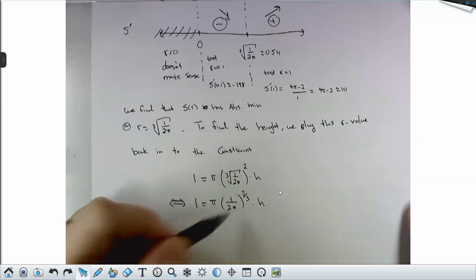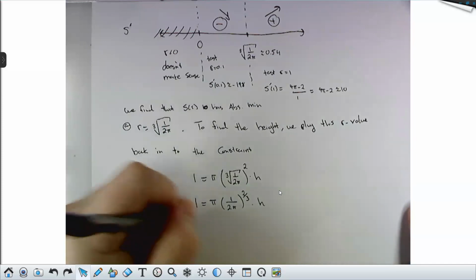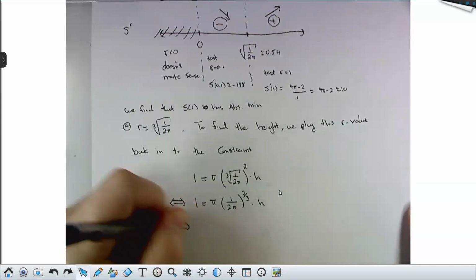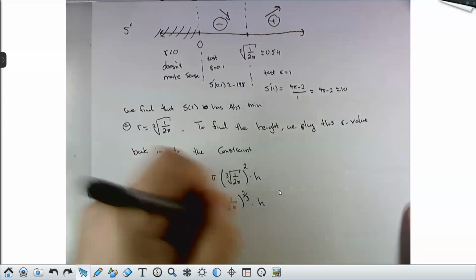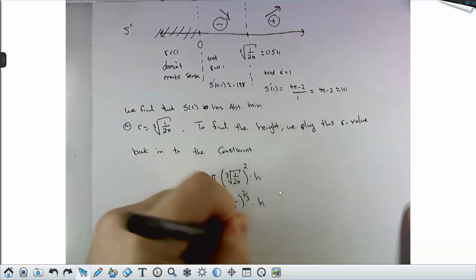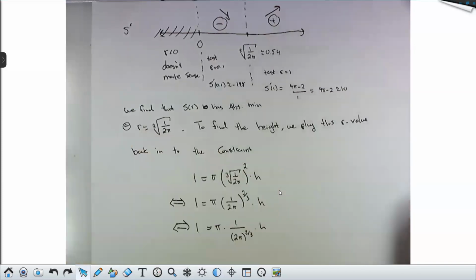If you take 1 over 2 pi and raise it to some power, this is like 1 to the 2/3 over 2 pi to the 2/3. 1 to the 2/3 is 1.